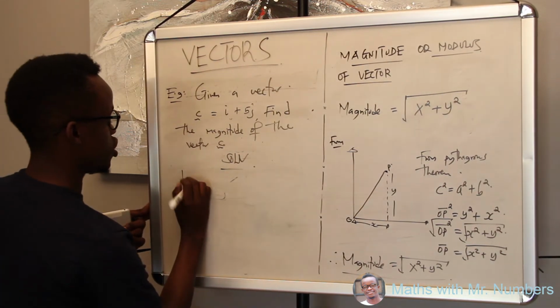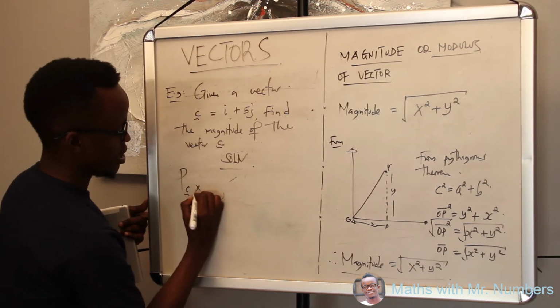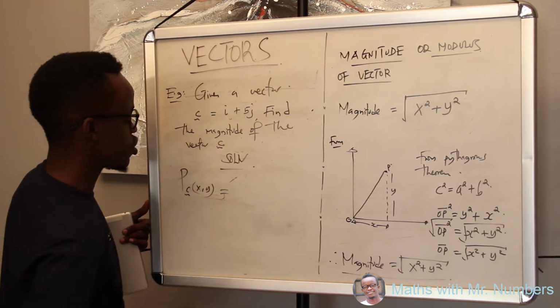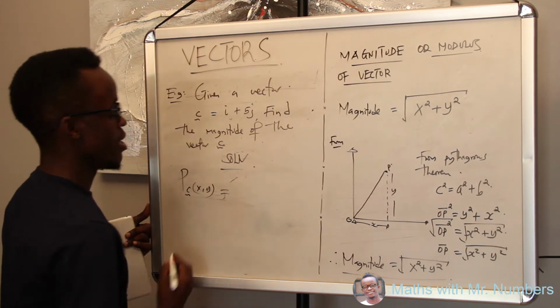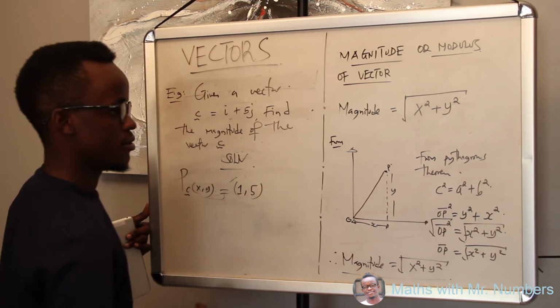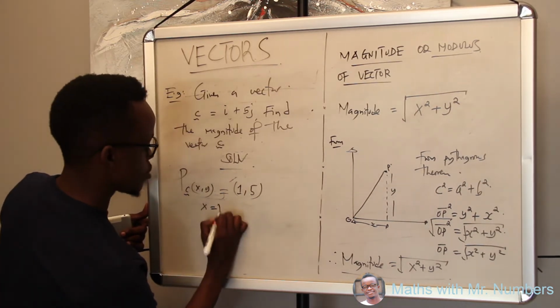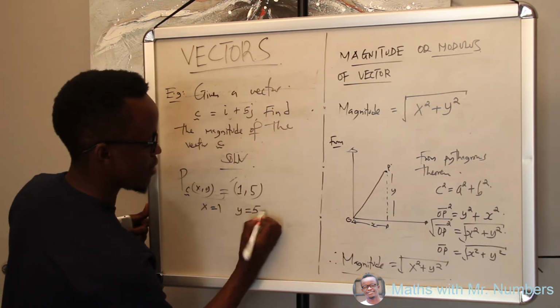You have to write the position of vector C in x, y, which equals 1, 5, which gives us x equals 1 and y equals 5.